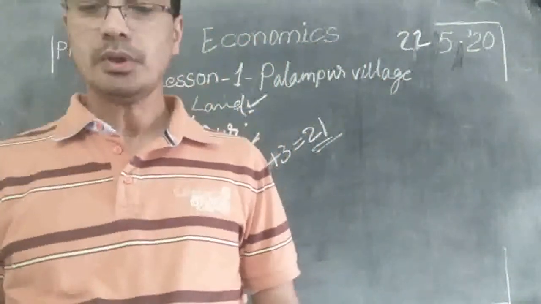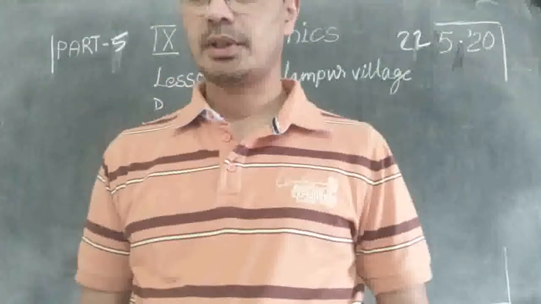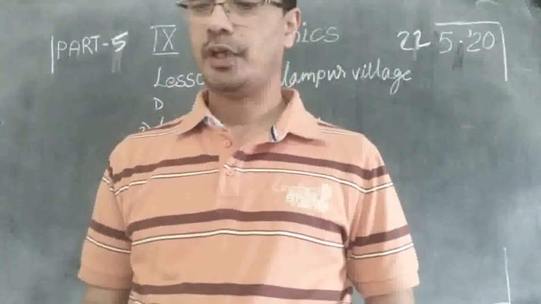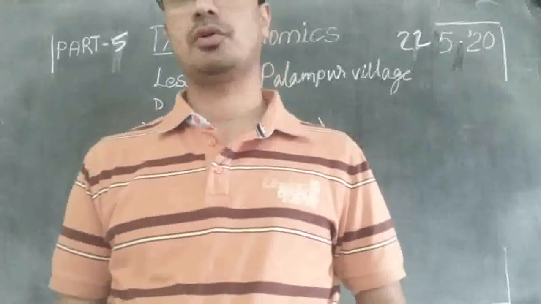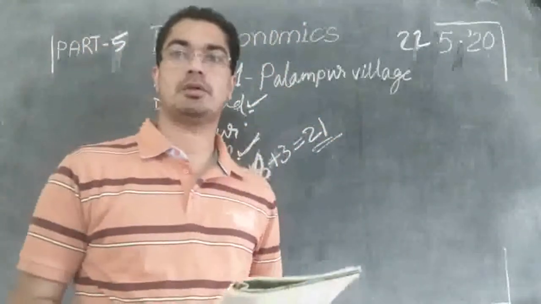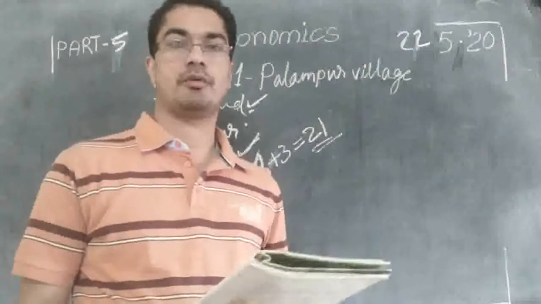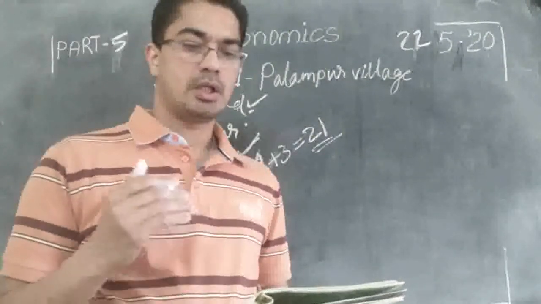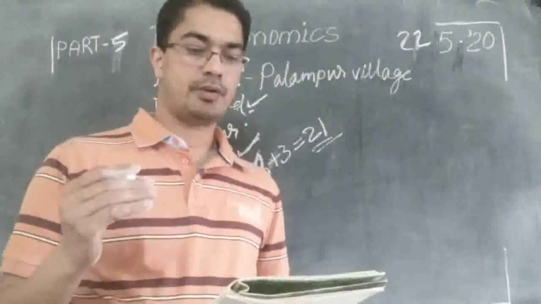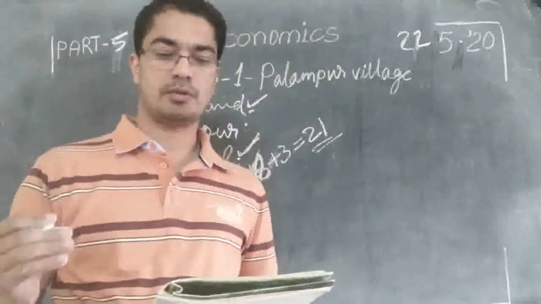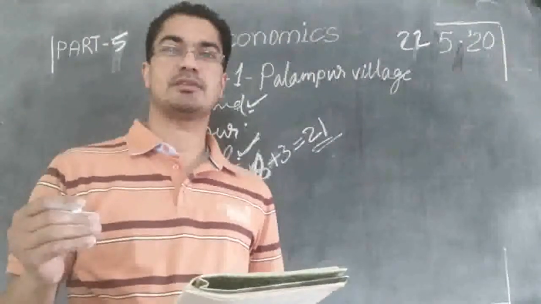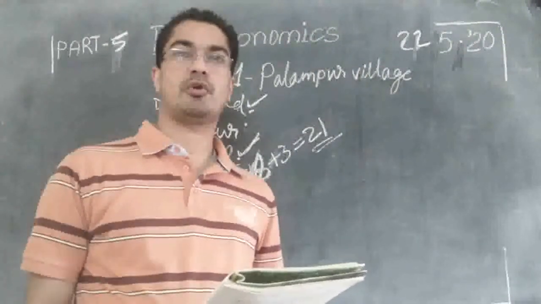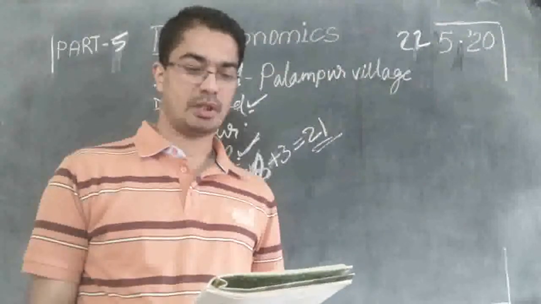Then Tejpal Singh, the large farmer, has a surplus of 350 quintals of wheat from all his land. So we saw that the large farmer Tejpal Singh is the one from whom Savida is taking the loan. He has a surplus of 350 quintals. One quintal means 100 kg, so that is many kgs.